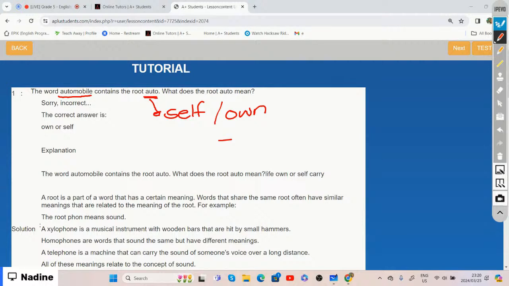So auto is to do with self, or auto means own. And basically, we say that it is more like a Greek root meaning self.